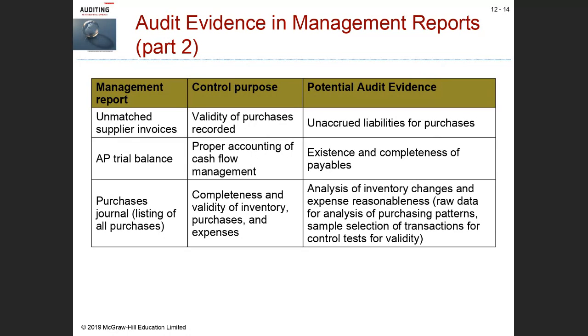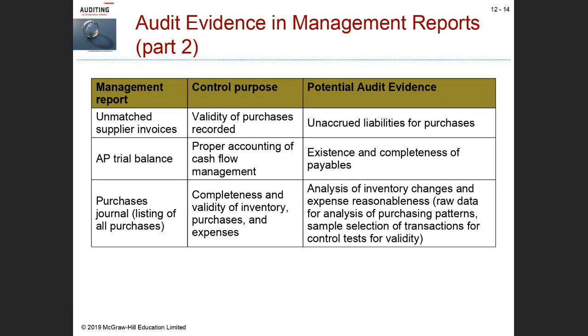But if you have invoices which are not yet matched to the purchase order, maybe a purchase order doesn't exist, right? So that questions, are you buying things which are not approved? It goes to the authorization issue. And then if a supplier has invoiced you, presumably you've received the goods, right? So there could be, again, unaccrued liabilities, okay?